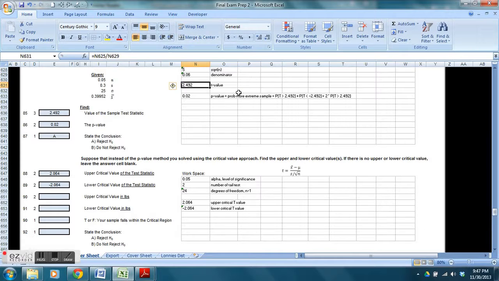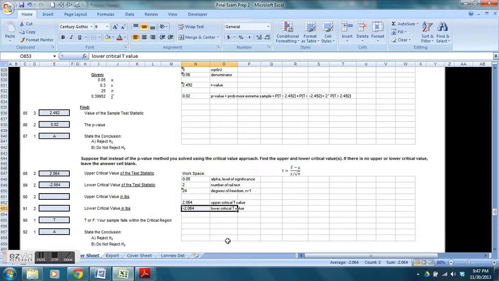That's greater than this upper critical t-value, and so our sample falls within the critical region, and we want to reject the null hypothesis. So now we have an upper critical value in terms of our test statistic, this t, and we have a lower critical value.